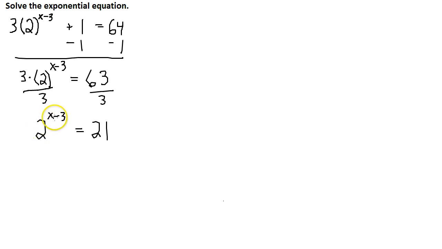Our job is to get this x minus 3, the entire exponent, down from the exponent position. The property of logs will allow you to do that. And so at this point we need to take the log of both sides, be it log or ln or any other base.